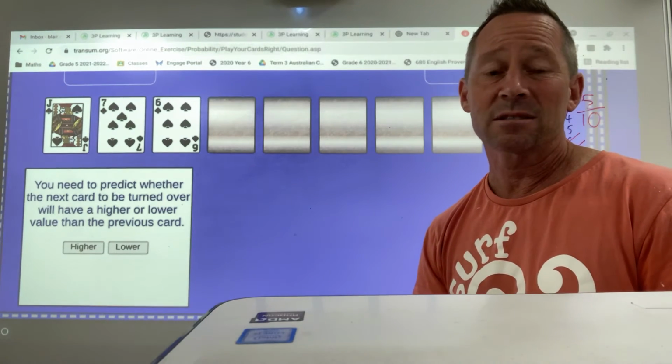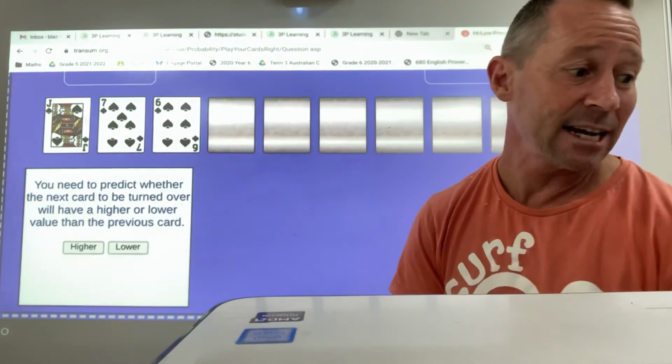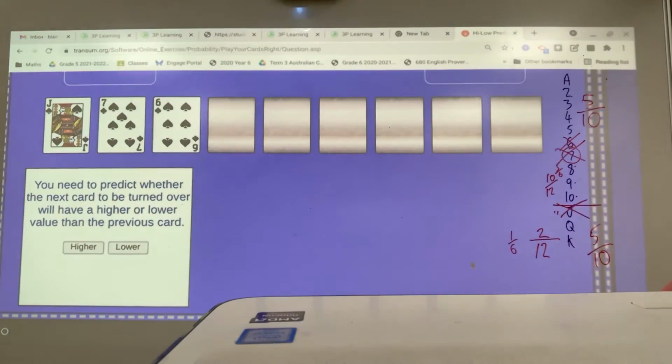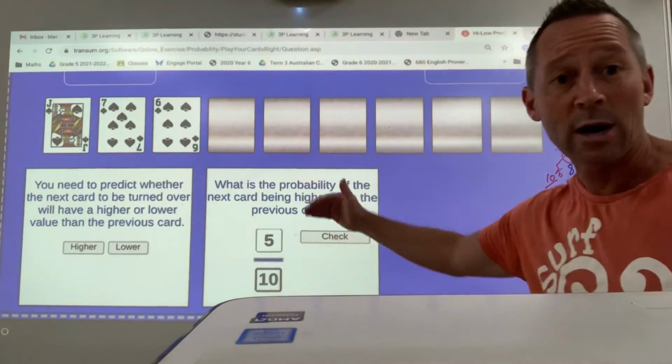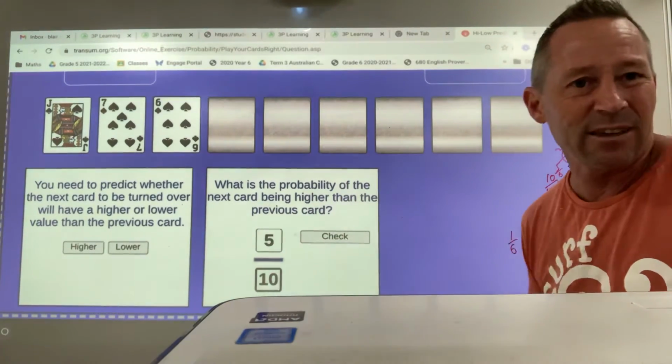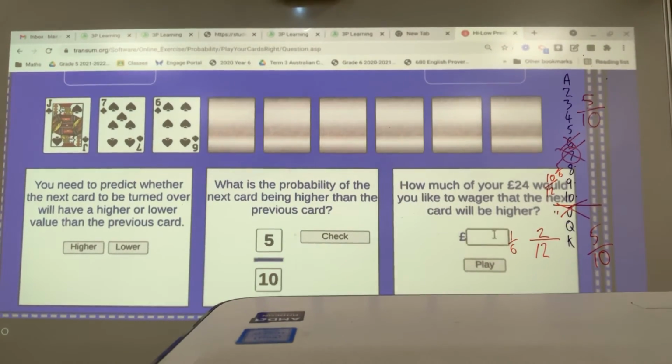Not great odds. It's an even chance. So I'm thinking I'm going to go higher this time. We know it's going to be 5 out of 10, which is the same as saying 1 out of 2. Let's see if they let me do this one. 5 out of 10. Yep.